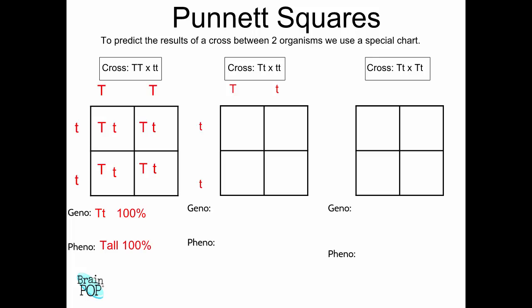So big T crossed with little t in the first box. In the bottom box, we have another big T from above, little t on the side. In the top right, the father gives a little t, the mother gives a little t, so we have little t, little t. We also get another little t, little t in the bottom right corner.